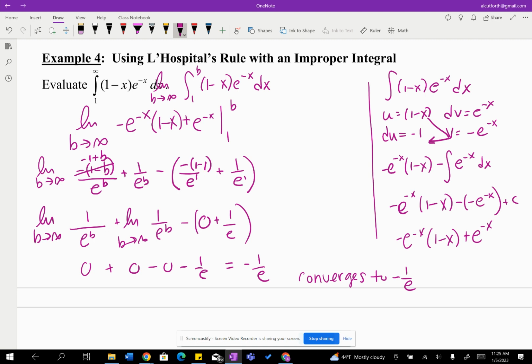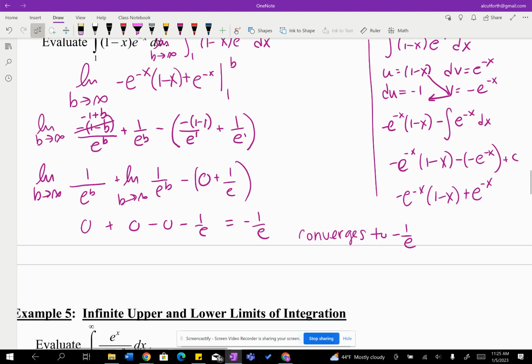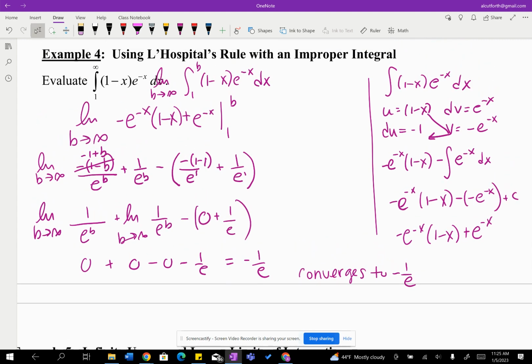What's up? What do you mean by all of them? Yes. You mean this and this? Not this. Oh. Because this did not have the form infinity over infinity, right? That's why we just did the limit of this right here.